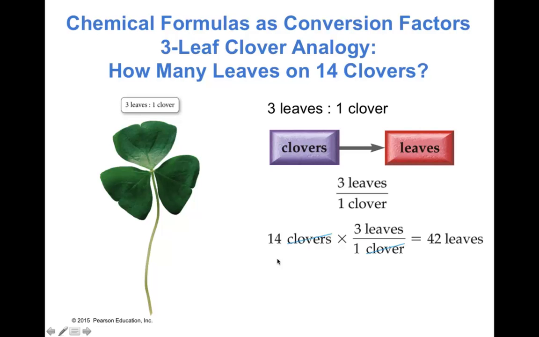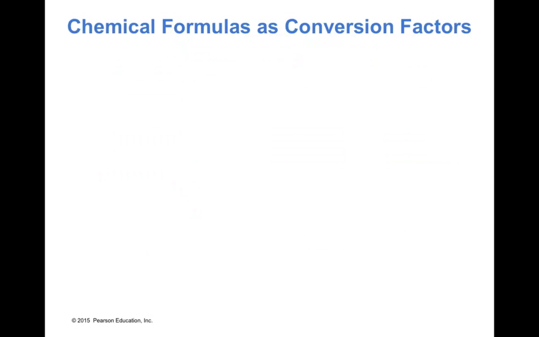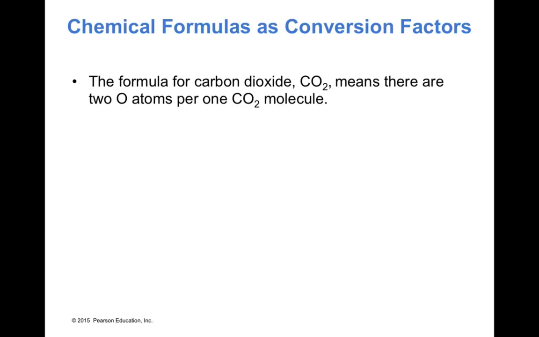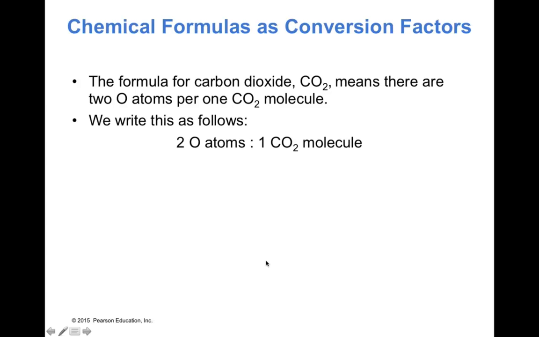The same way we can use our chemical formulas. The formula for carbon dioxide means that there are 2 oxygen atoms per 1 CO2 molecule. In other words, we have 2 atoms of oxygen per each molecule of CO2. So this is a conversion factor. We can use this in the numerator and this in the denominator, or vice versa.